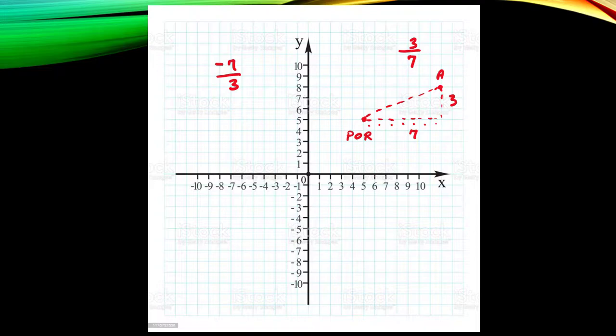I'll count up 7, 1, 2, 3, 4, 5, 6, 7, and over 3, 1, 2, 3. So this was up 7 over negative 3. That point is now A prime.